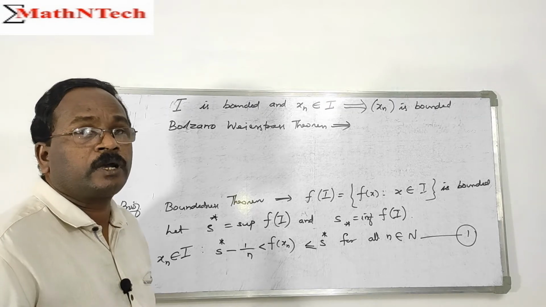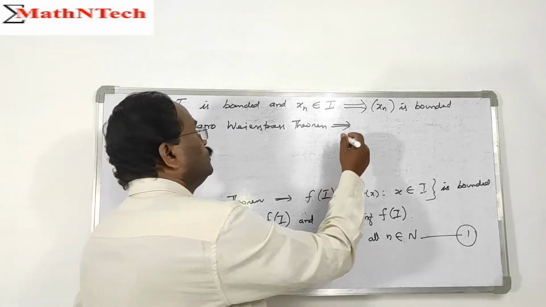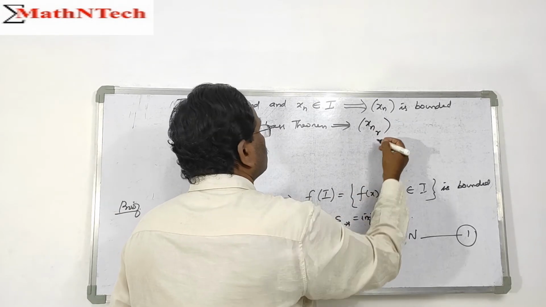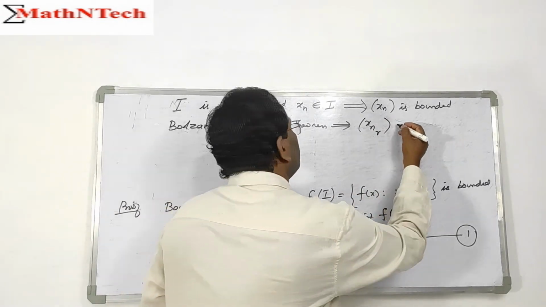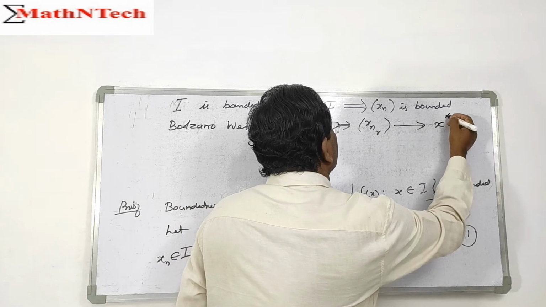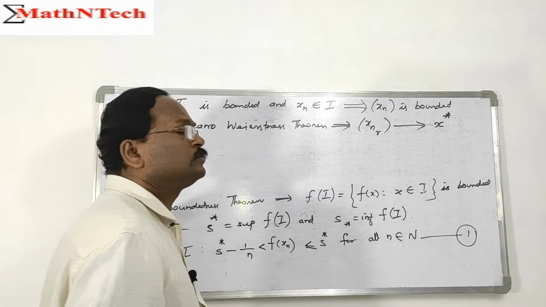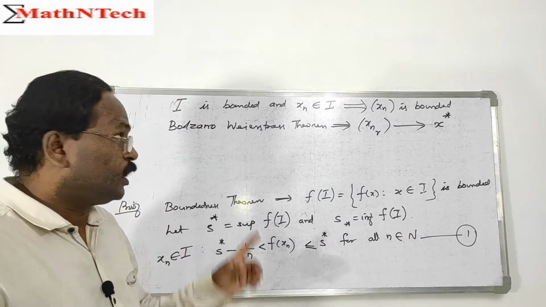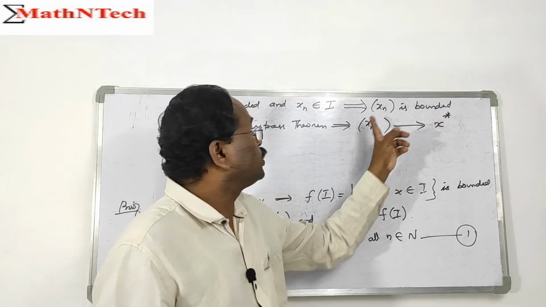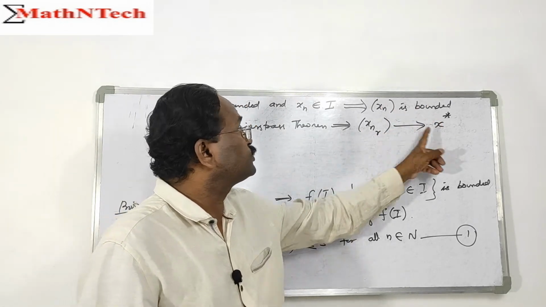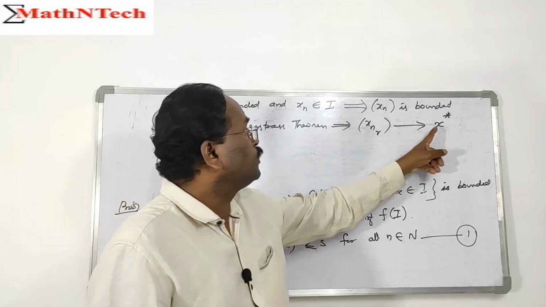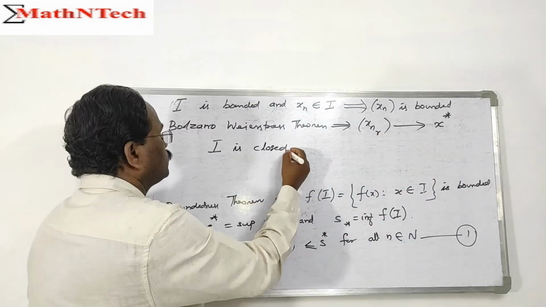A bounded sequence has a convergent subsequence. So, a subsequence xnr that converges to x star. So the subsequence xnr converges to x star.